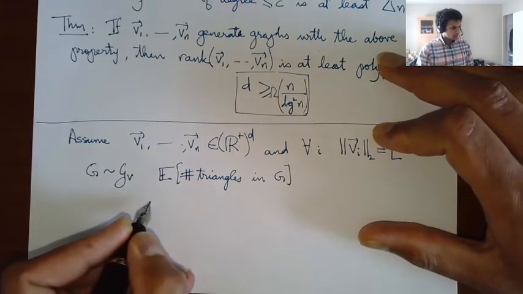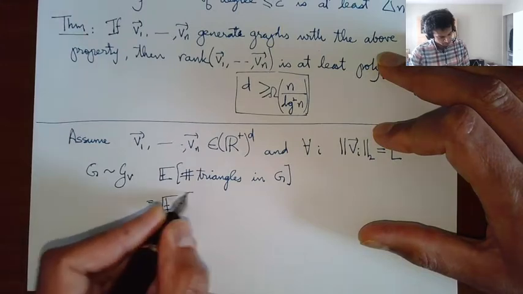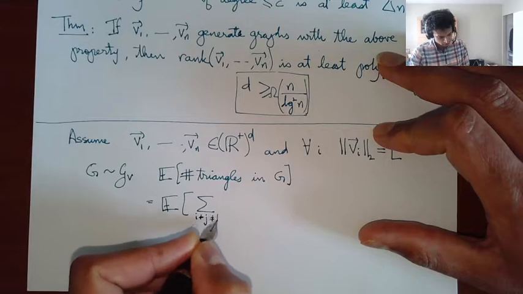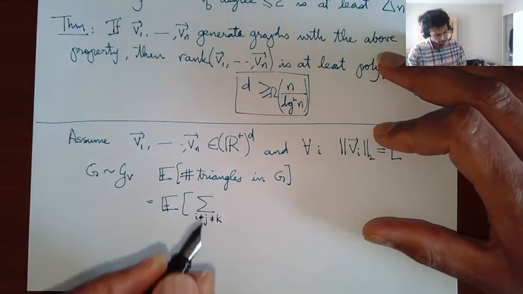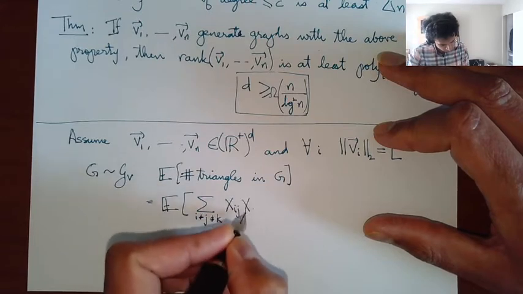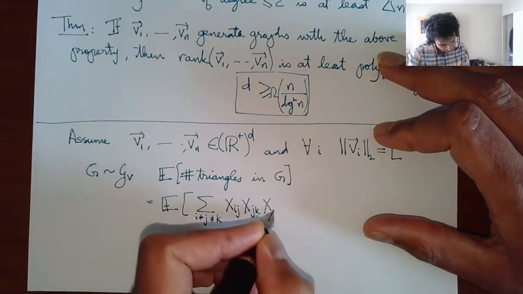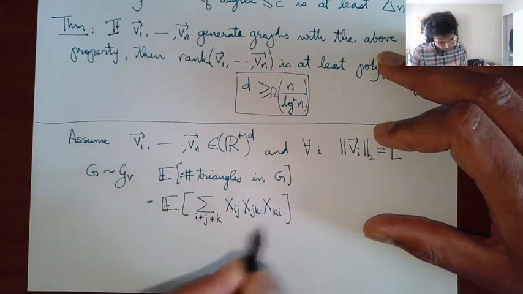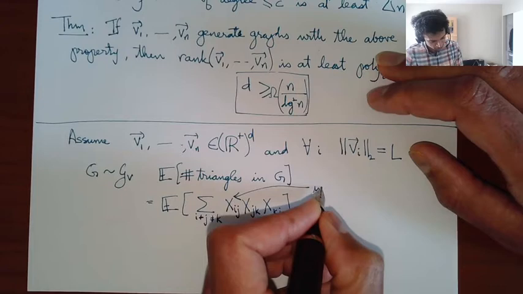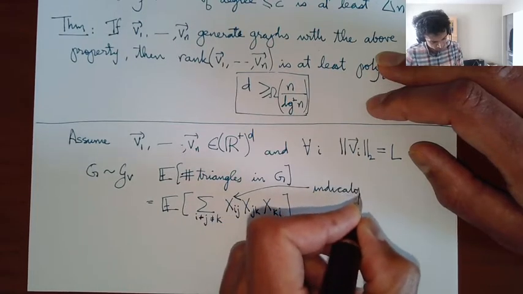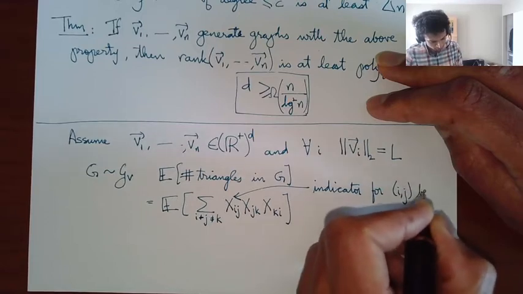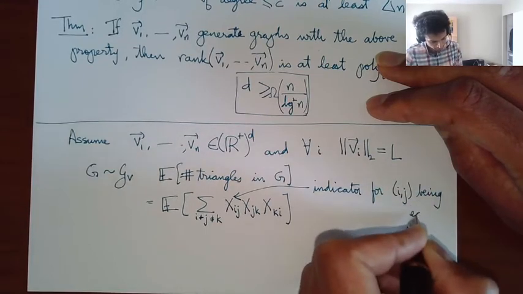This is exactly the expectation, summing over three different vertices i, j, and k, of x_ij, x_jk, and x_ki, where x_ij is the indicator for ij being an edge.